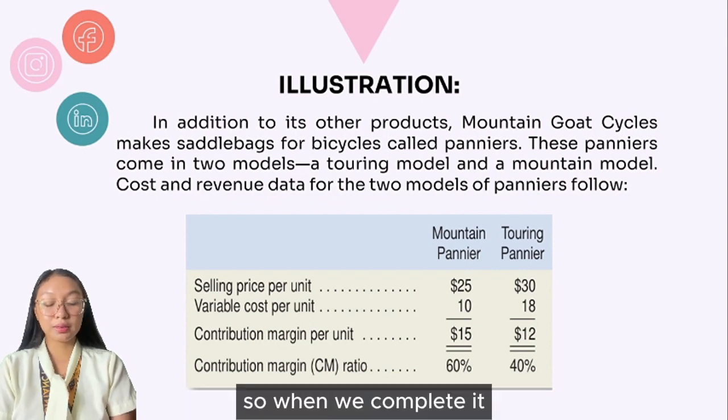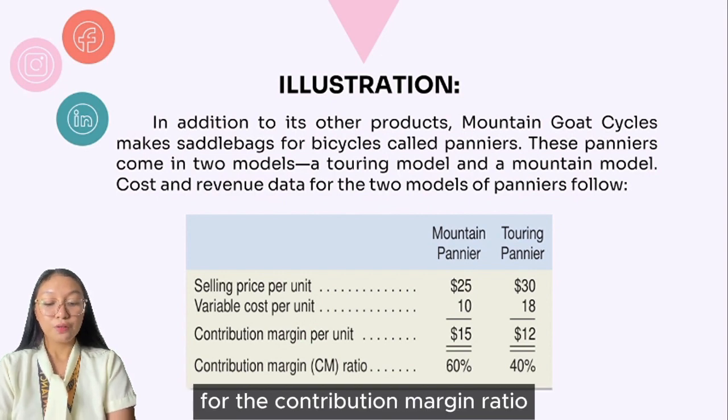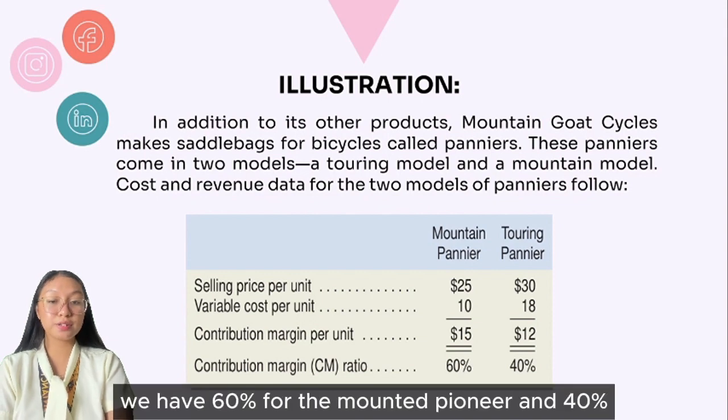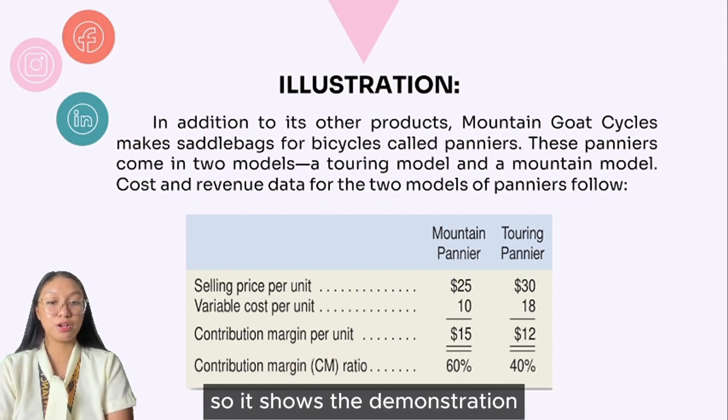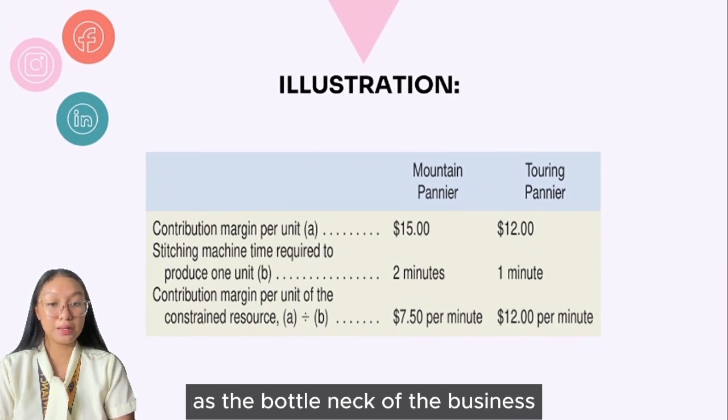When we compute it, the contribution margin per unit of the mountain pannier is $15, while on the other hand it is $12. For the contribution margin ratio, we have 60% for the mountain pannier and 40% for the touring pannier. So it shows in the illustration that the mountain pannier is more profitable than the touring pannier. The machine is considered here as the bottleneck of the business.